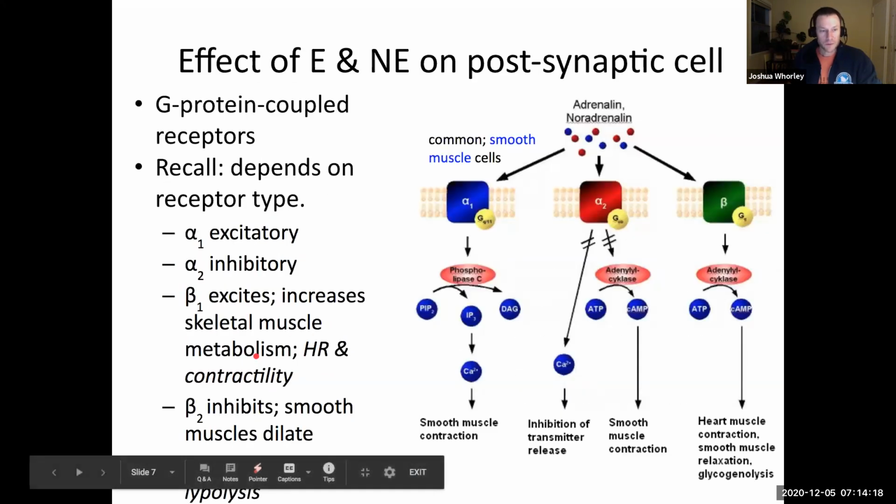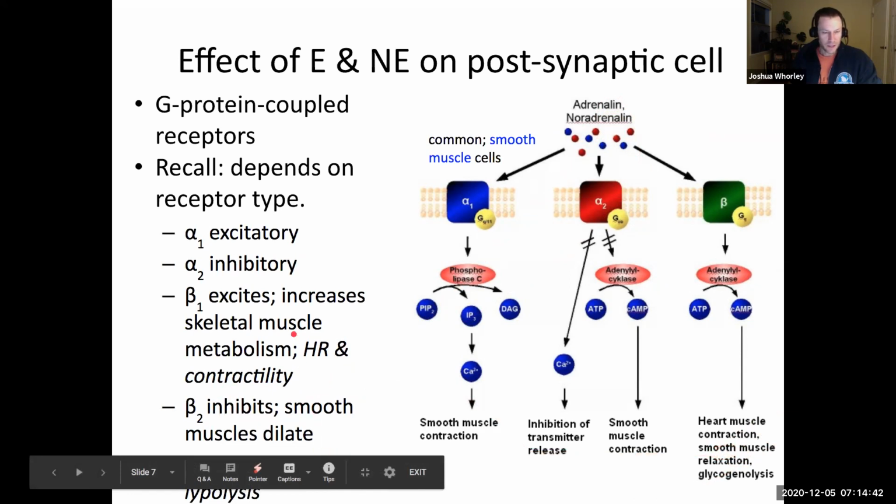Right? Beta 2, these are generally inhibitory receptors. So when these neurotransmitters bind to a beta 2 receptor, they tend to inhibit, and this is mostly on smooth muscle. They tend to inhibit smooth muscle contraction. So the smooth muscle dilates, right? So smooth muscle relaxation.